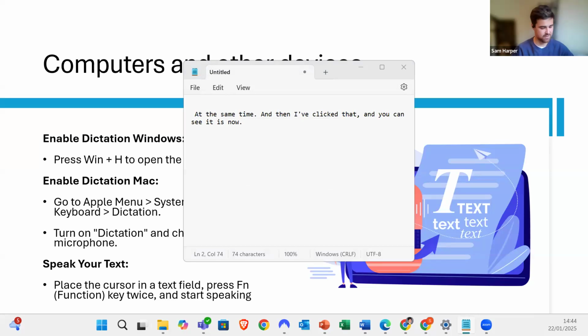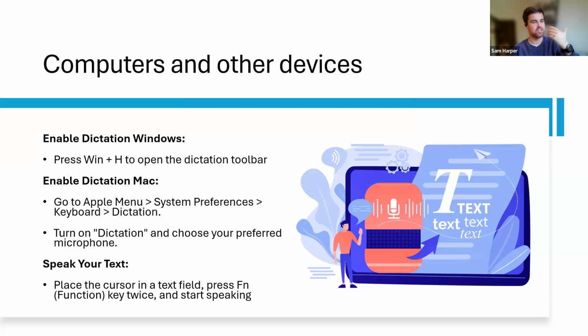So if I direct you to chat as well, and I start typing, I'll start talking now. I'm just going to stop that and type that in. You'll all see a message pops in. And again, that's because I hit Win and H at the same time. And it depends. You have to have clicked in the box for it to start to work, but it will start typing out what you're saying. So that's for a Windows device.